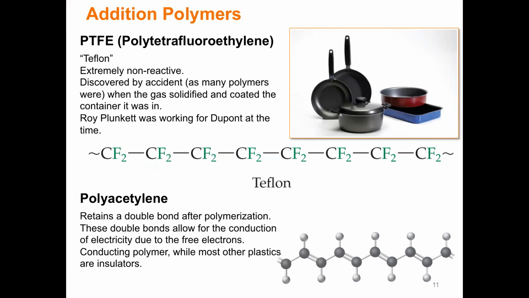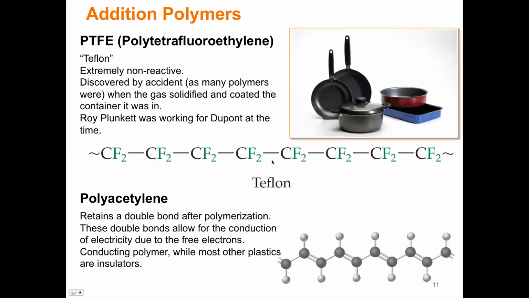Polyacetylene. Now here, this is one of those polymers that retains the double bond, so it's reactive. Notice that it will conduct electricity due to those free electrons, all right? So it's a conducting polymer. Most of the ones that we just talked about, everything is bonded up and rigid, not rigid in terms of the structure, but in terms of the electron movement.